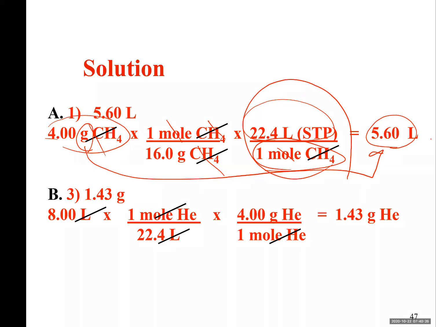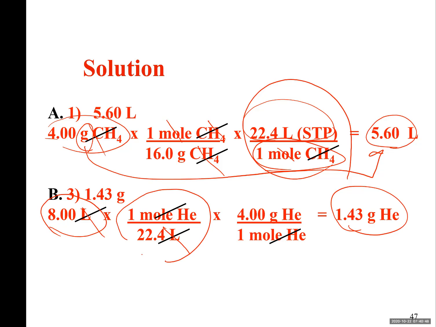And in part B, we are giving you the volume and asking you grams of helium. Again, both of these are under the standard temperature and pressure condition. So first, you can cancel liter and go to moles. This is the conversion factor we just learned about when we studied gases at STP.